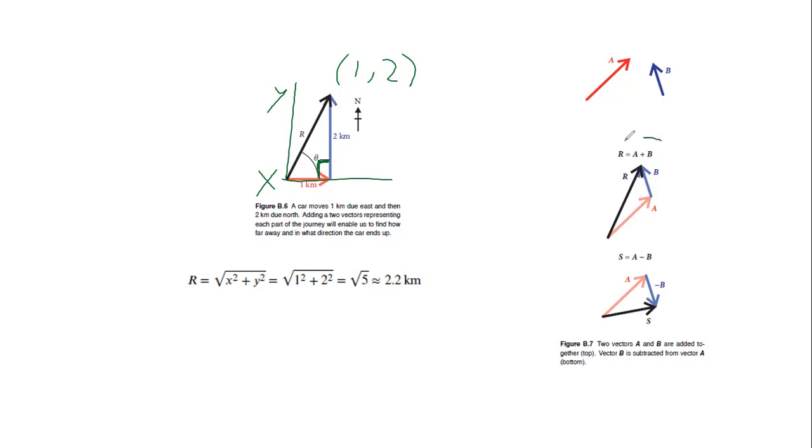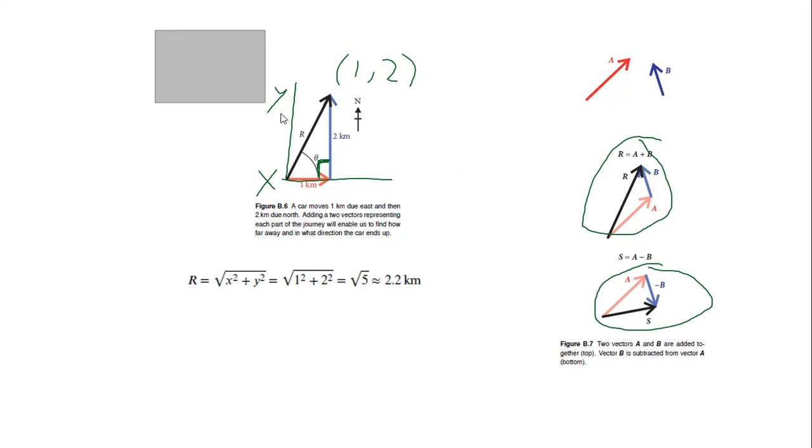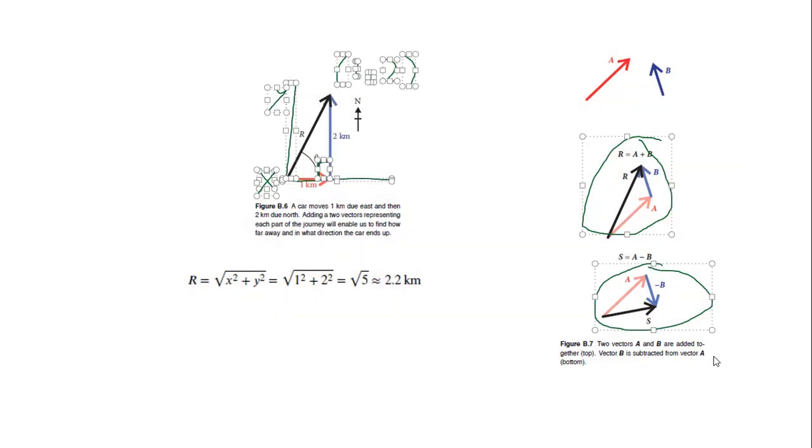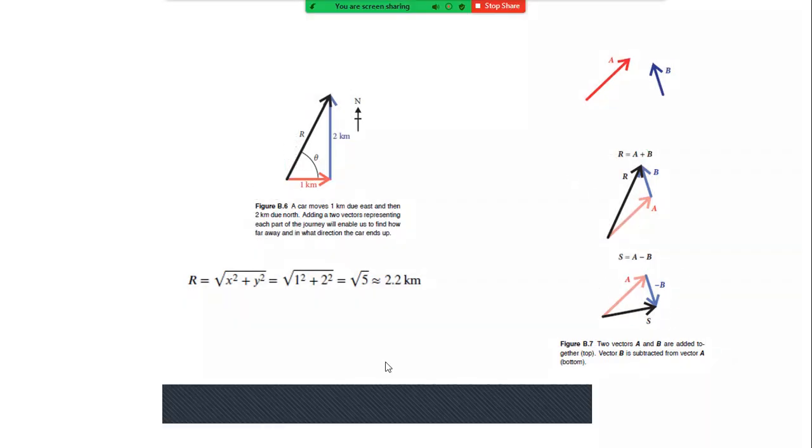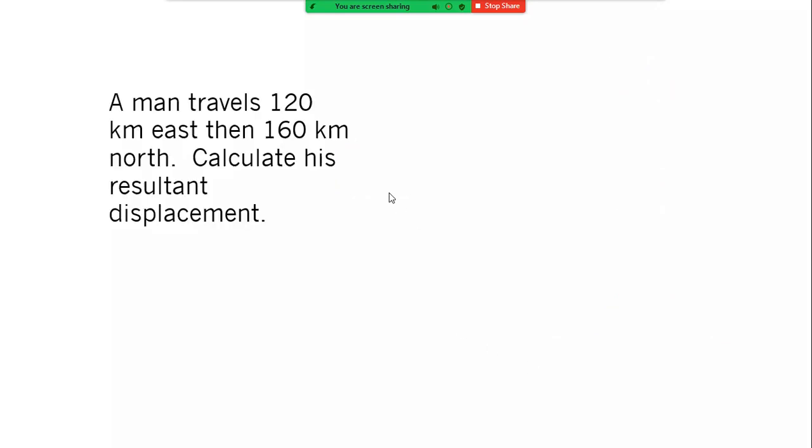We're going to deal with all sorts of vectors that we're going to be adding and calculating as we go along. So let me select all this, and get rid of this. All right, so let's go through some examples.